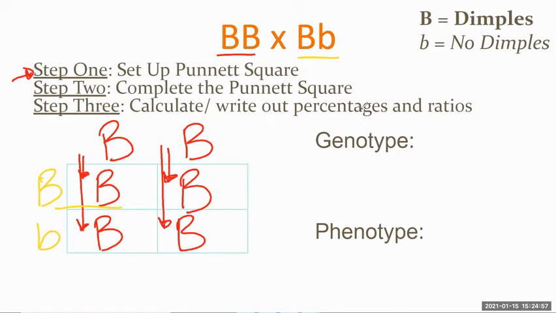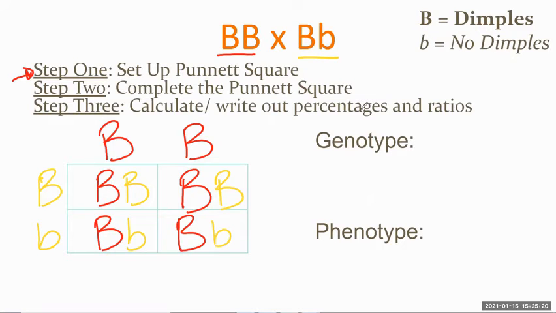We take this big B over to the first box and again to the second, and for this little B, we do the same. When I take my arrows away, this is what your Punnett square looks like.